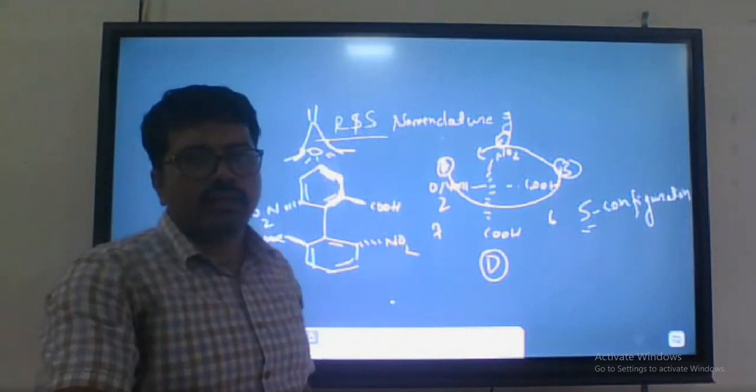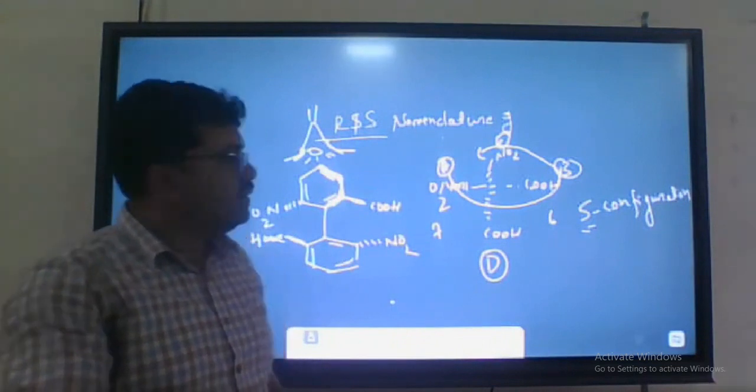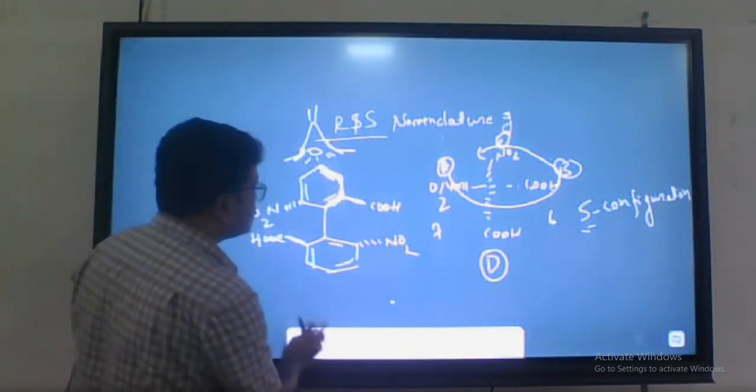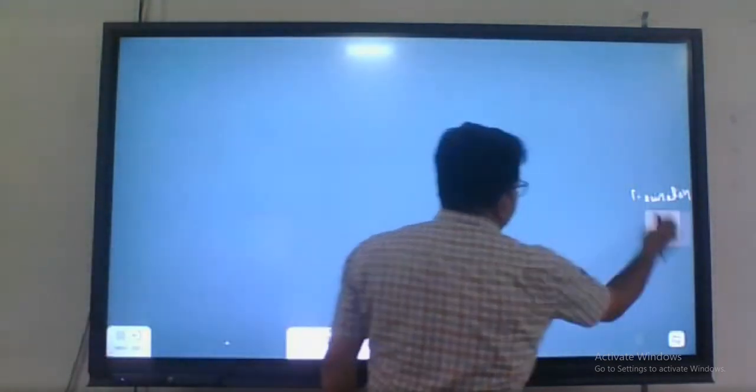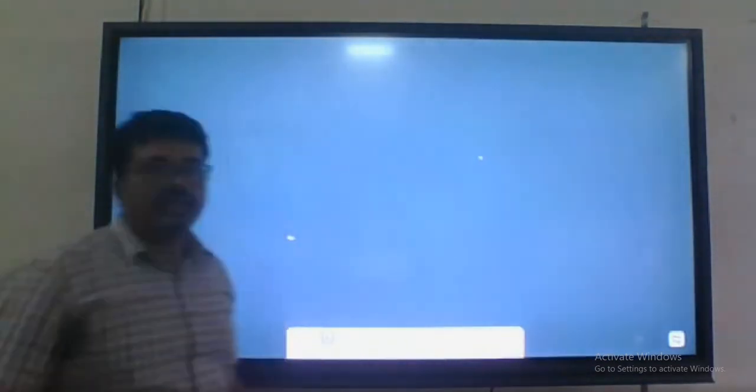So this is the RS nomenclature for alkenes and biphenyls.